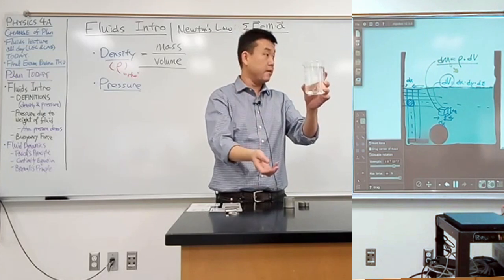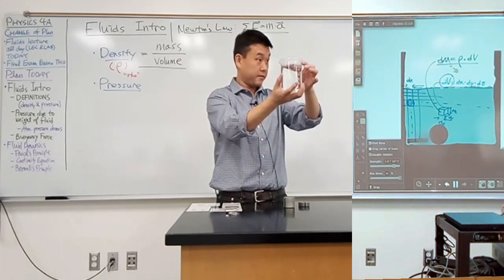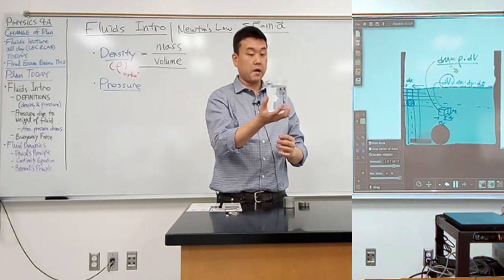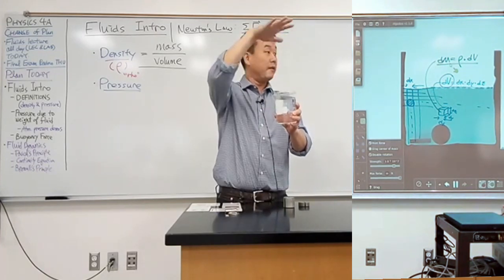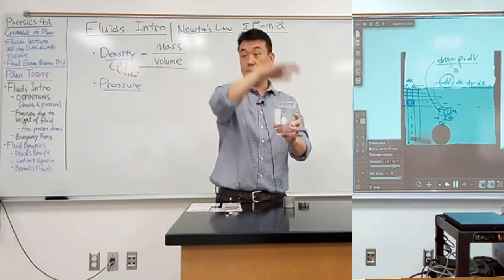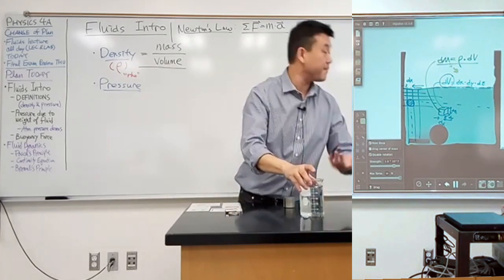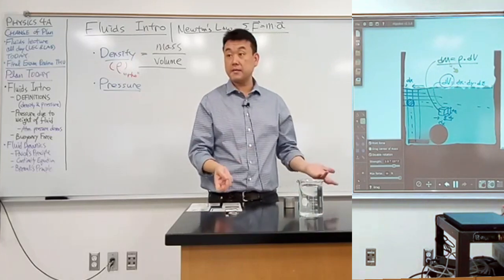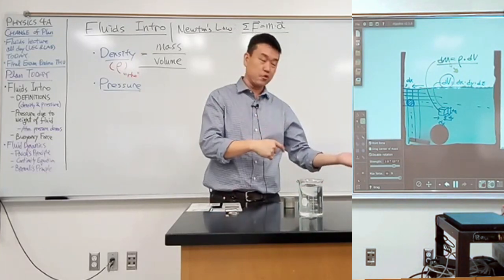That's going to be related to how much volume, 500 milliliters, there is. So if I got twice as much water, 1 liter of water, then it would have double the mass.